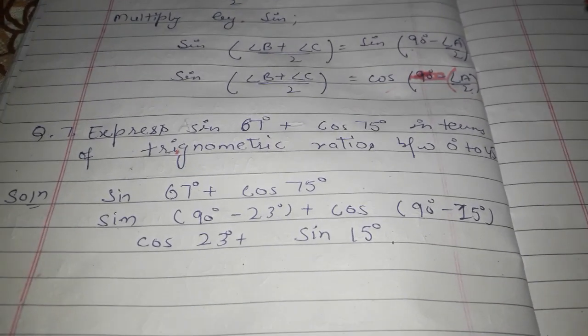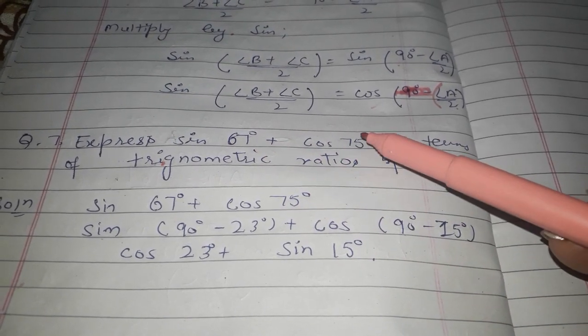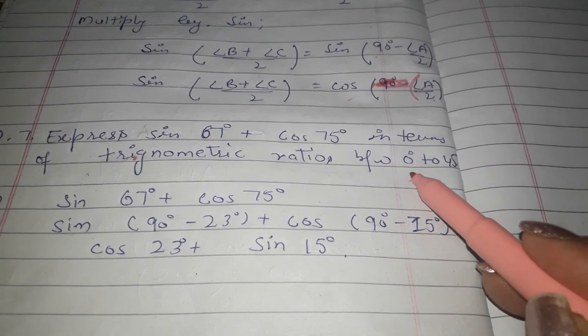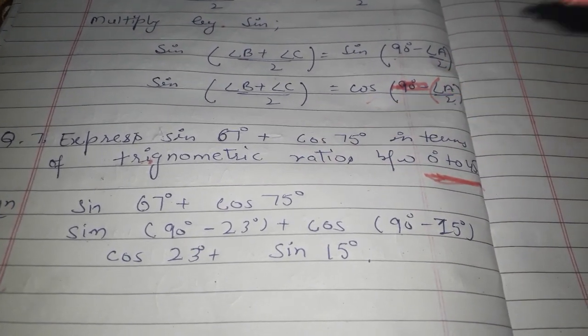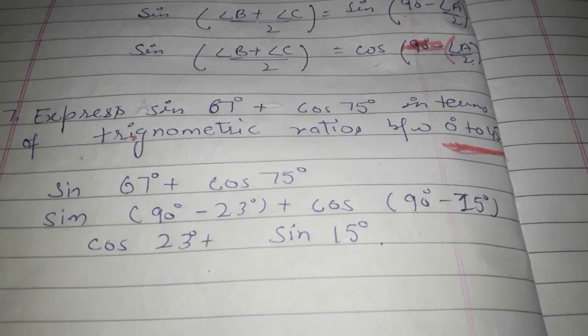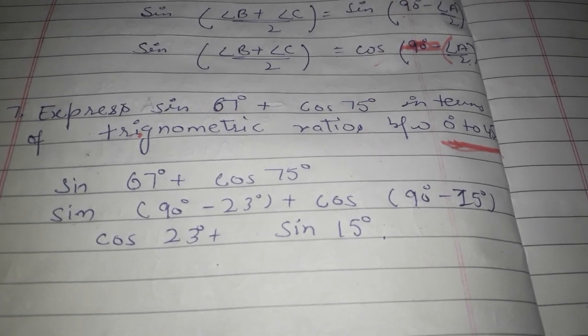Last question, the 7th question, is express sin 67 degree plus cos 75 degree in terms of trigonometric ratios between 0 degree to 45 degree. We have to represent these two, sin 67 degree and cos 75 degree, in any trigonometric ratio, but the value should be between 0 degree to 45 degrees.